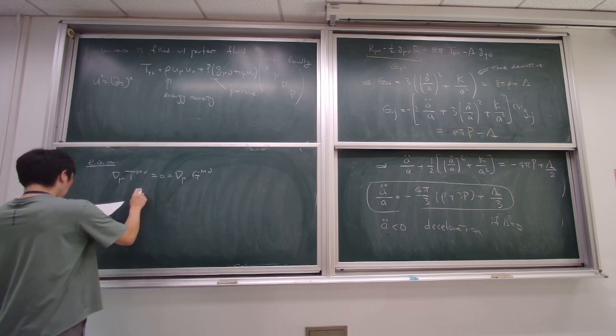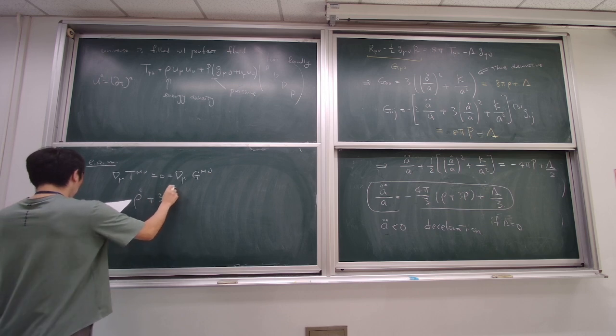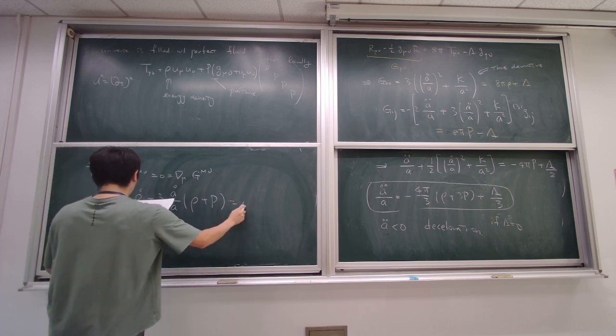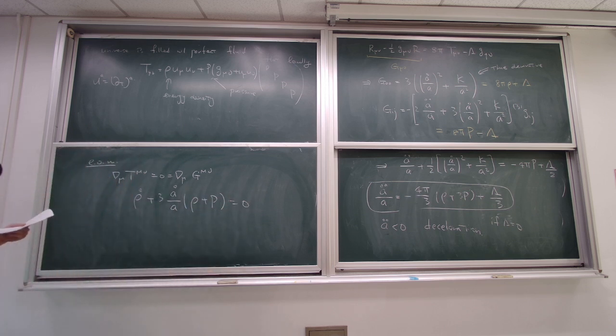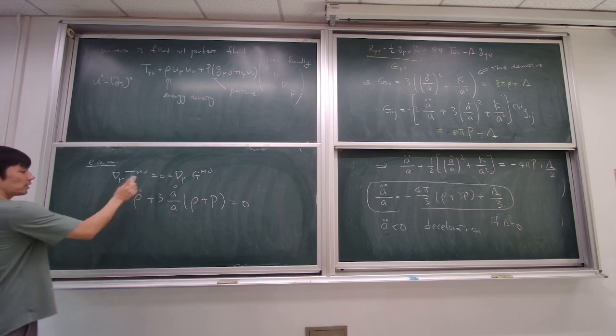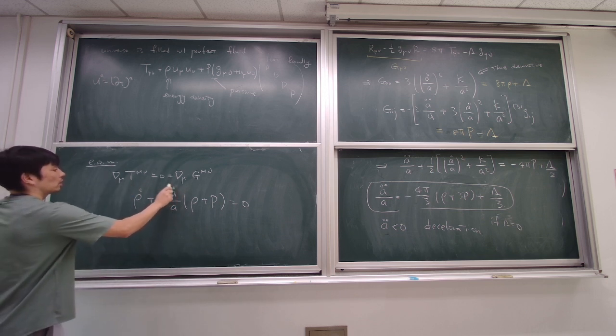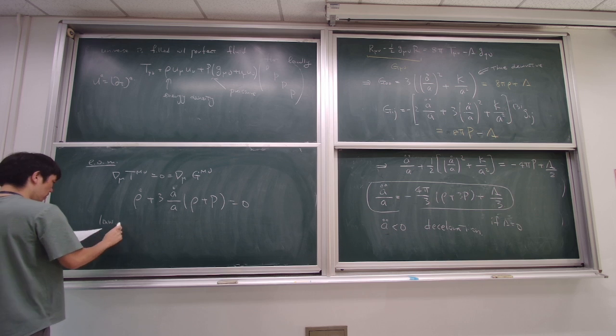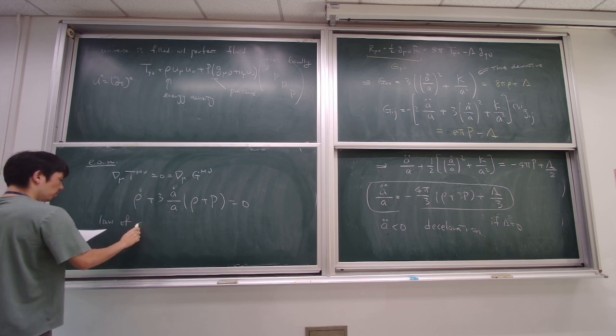To obtain the following law of conservation: rho dot plus 3 A dot over A times rho plus P equal to 0. So this is equivalent to this guy, and this is the law of conservation.